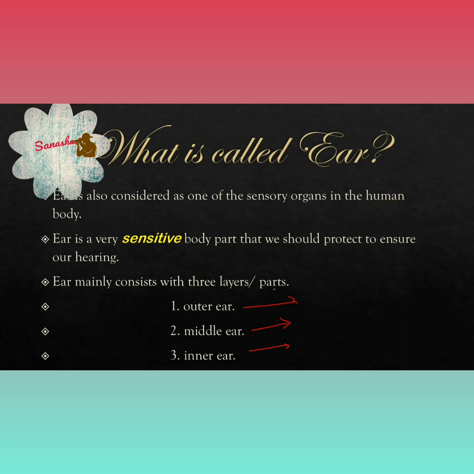These 3 parts are in the outer ear. And in the middle ear, there are 2 parts, the oculus and the eustachian tube. And in the inner ear, there are mainly 3 parts: cochlea, auditory nerve and semicircular canal. I will discuss each and every part later. So until then, let's go with this.